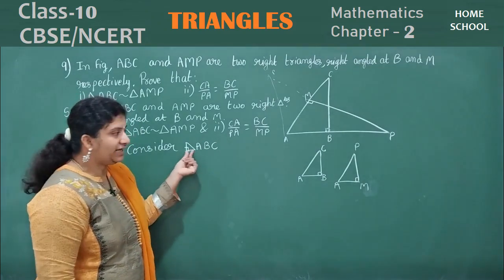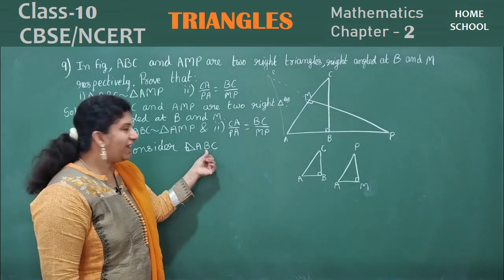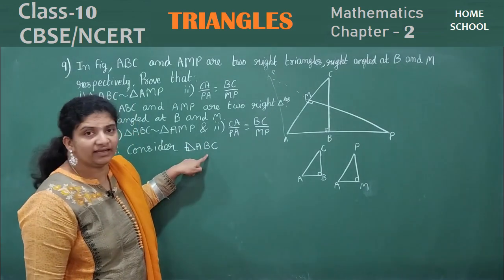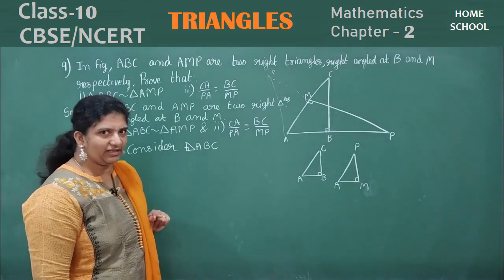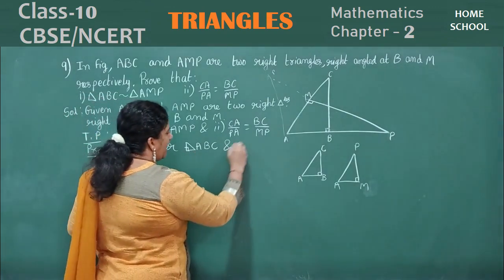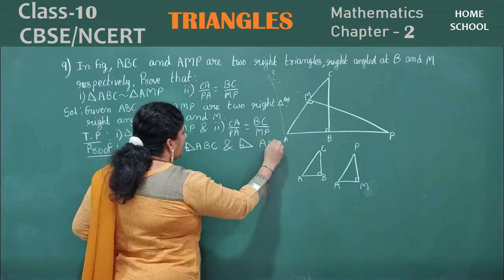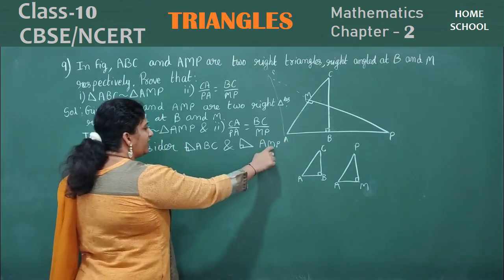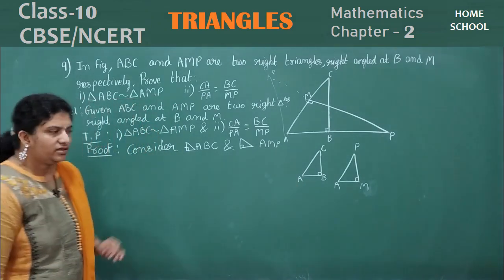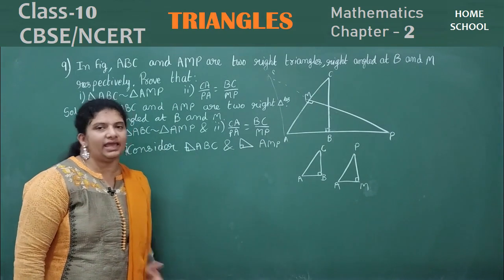Observe the right triangle symbol, and make sure that the central letter should contain the right angle. Right triangle ABC and right triangle AMP. There also the central letter should contain the right angle. So, right triangle ABC and right triangle AMP.